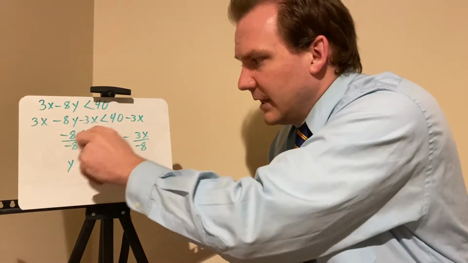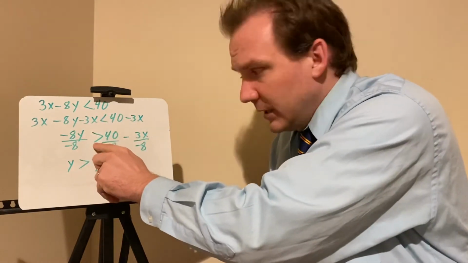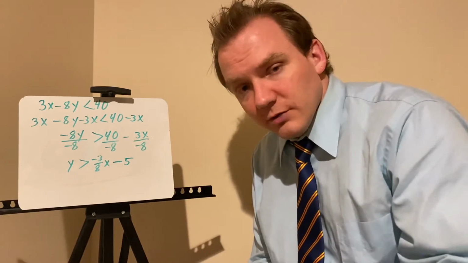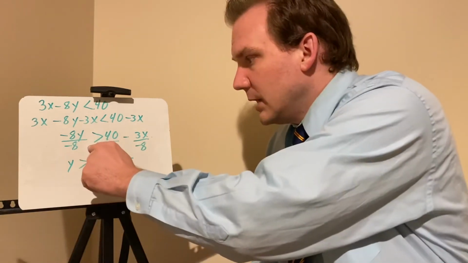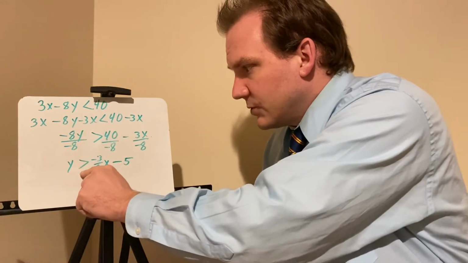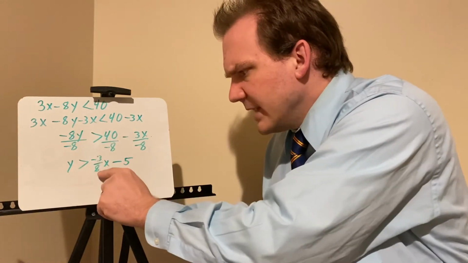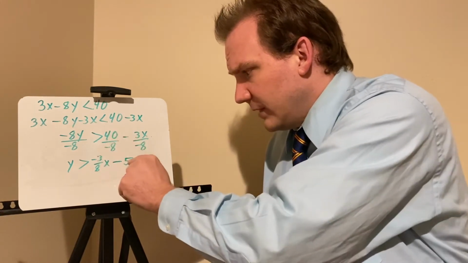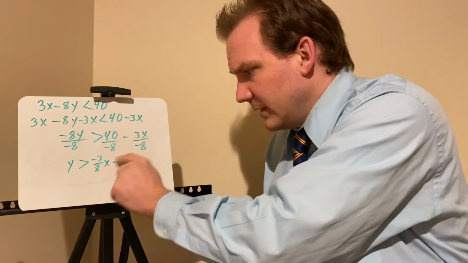I had to divide by negative 8, which means I flip my inequality. Whenever you multiply or divide by a negative number, you flip the inequality symbol to make the statement remain true. So then I ended up with y is greater than negative 3/8 x minus 5. 40 divided by negative 8 gave the 5, and 3x divided by negative 8 is negative 3/8 x.